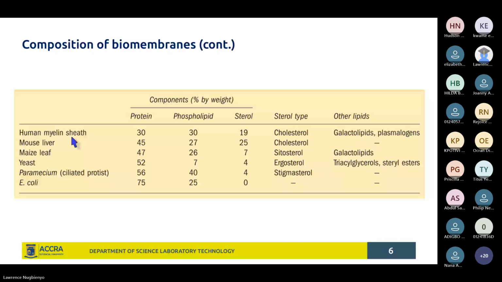So you see that even the proteins have different compositions in different cells. If you compare, say, the liver cells of a mouse, they have more protein than the myelin sheath of humans. The maize leaf contains even more. Yeast has more proteins. You have the highest proteins in the cell membrane of E. coli bacteria.